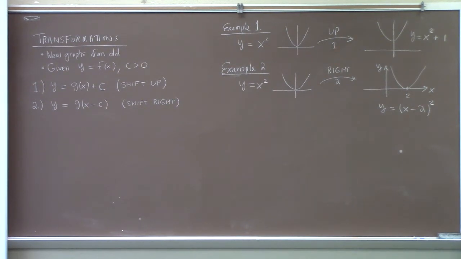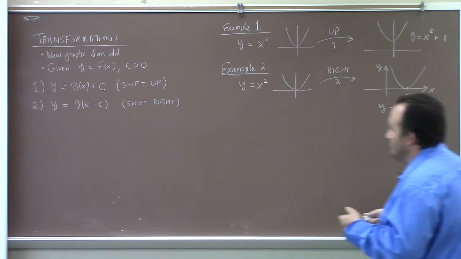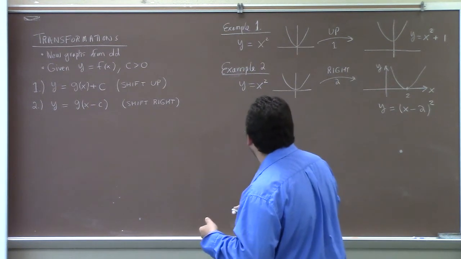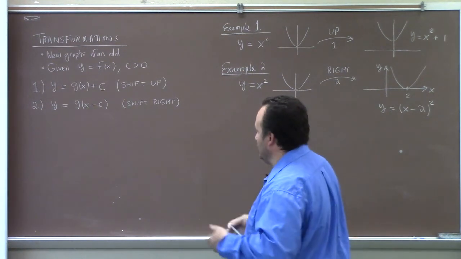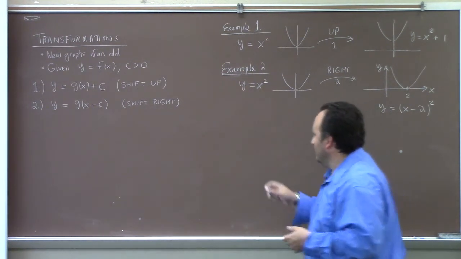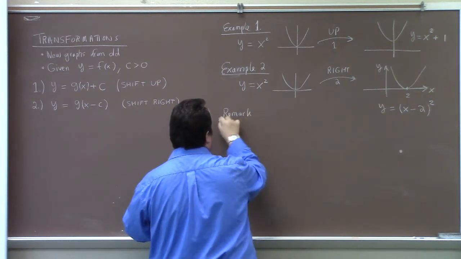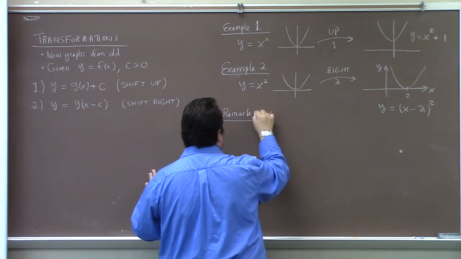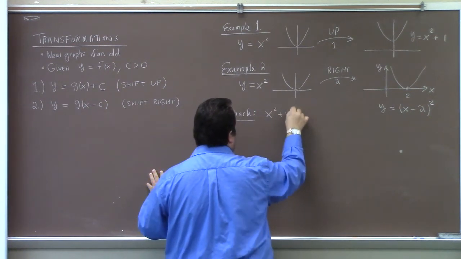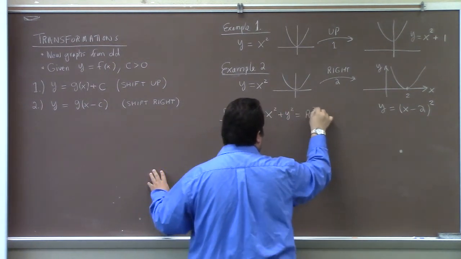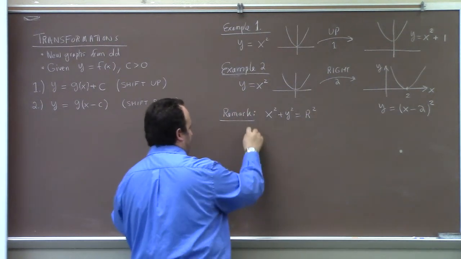But there it is. I mean, this isn't part of my list, but I would just make a remark at this point. Think about this. If we think about the standard circle, x squared plus y squared equals r squared, that's centered at the origin, right?